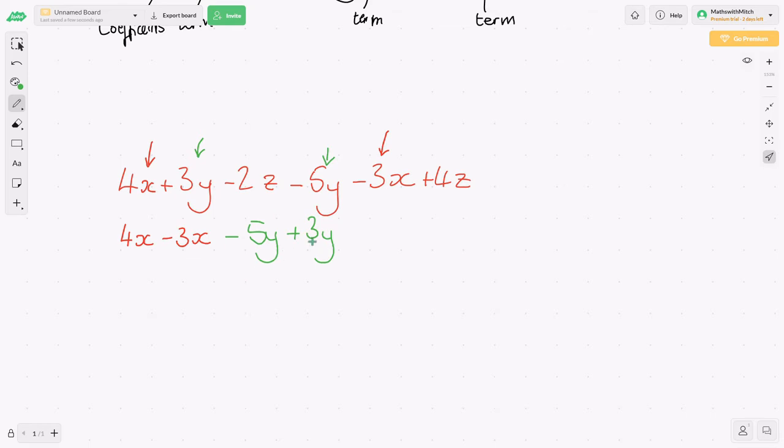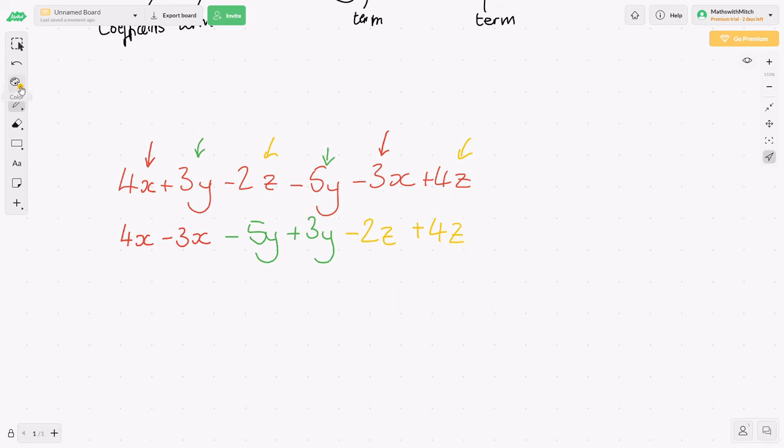Likewise, if you'd written it the other way around, a positive 3y and a minus 5y, you still end up with negative 2. So as long as it's carrying the positive or negative with it, it doesn't matter which order you write them in. And lastly, moving on to the z's, we have minus 2z plus 4z.